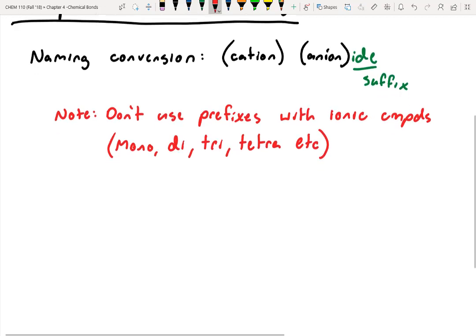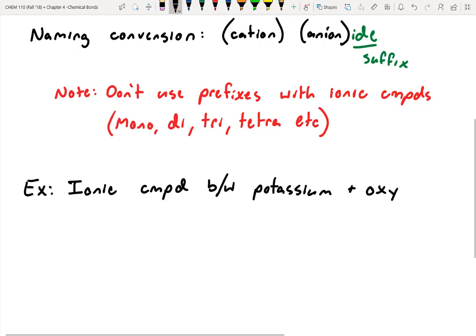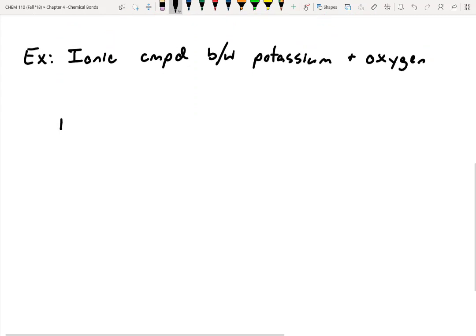All right, so let's try to practice a few of these. So first one I want to do is an ionic compound between, let's see, potassium and oxygen. First thing I would do is determine the formula, and then we'll figure out the name after we're done with the formula.